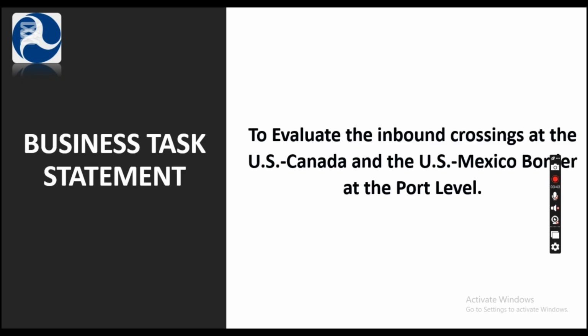What we want to do today is to evaluate the inbound crossings at the US-Canada and US-Mexico borders at the port level. So that means the major borders we have in the US are the Canada border and the Mexico border. Okay, so now this is the executive summary.